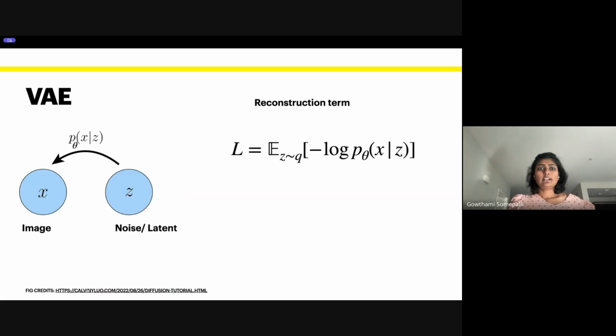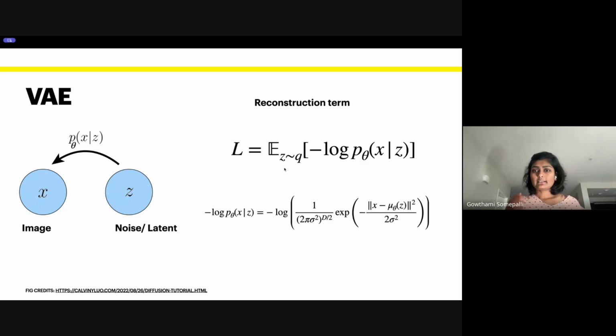Here I'm showing the log likelihood of a given sample under this distribution. Again, we want to sample z from q, which is a known distribution, like a Gaussian. Then we assume this p theta distribution we are trying to model has its mean predicted by a neural network and a standard variance.